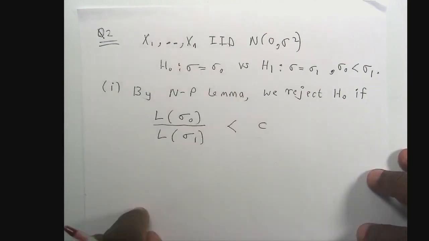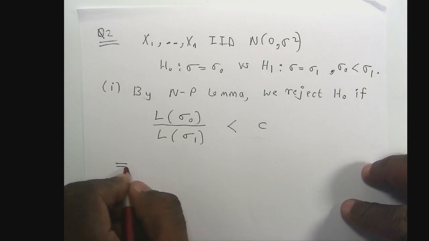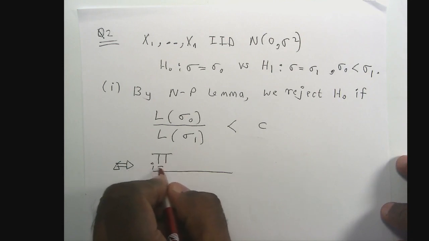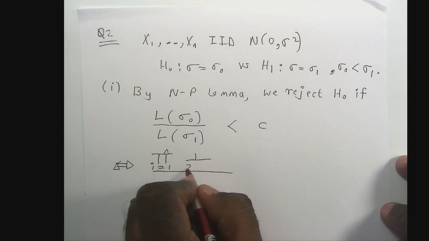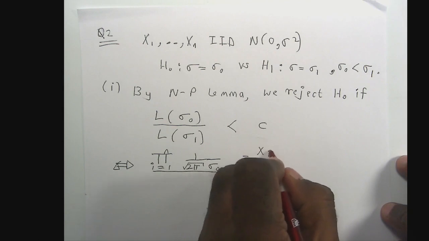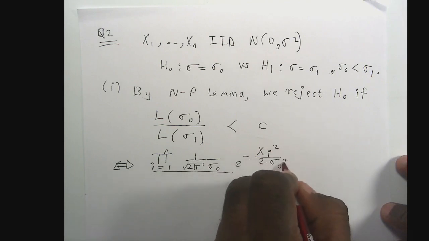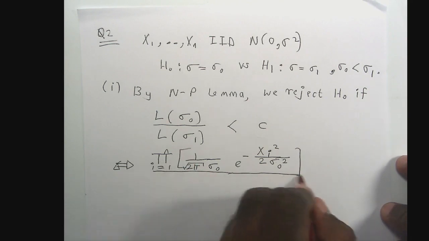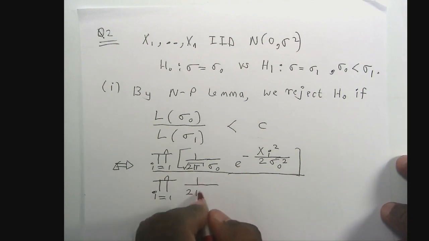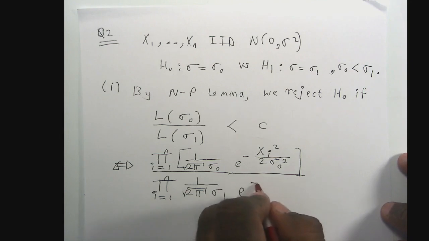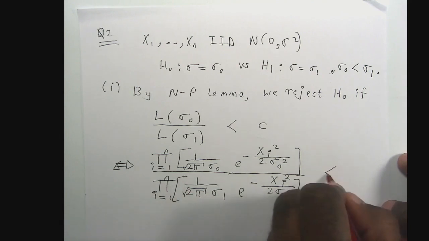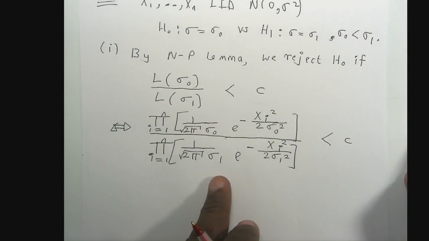Now we have a random sample from a normal distribution with these parameters. So the likelihood is the product of the density of the normal, which is less than a constant C. Now I'm going to simplify the product of likelihoods.